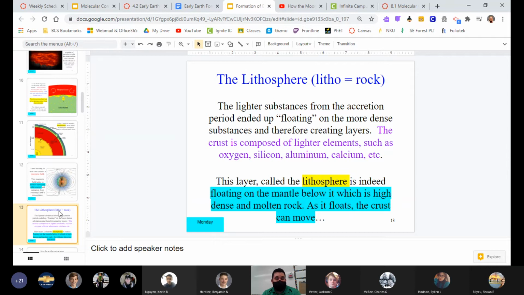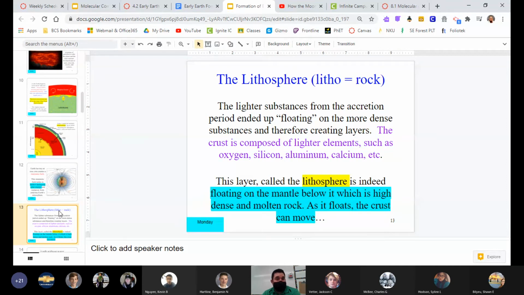Okay, the crust, another word for it, is composed of lighter elements such as oxygen, silicon, aluminum, calcium. Those are all much lighter, much less dense objects. Okay, so this crust layer, called a lithosphere, is actually floating on the mantle, the liquid mantle below it, which has a high dense molten rock.